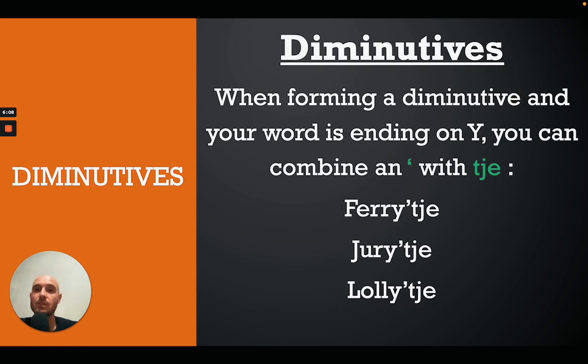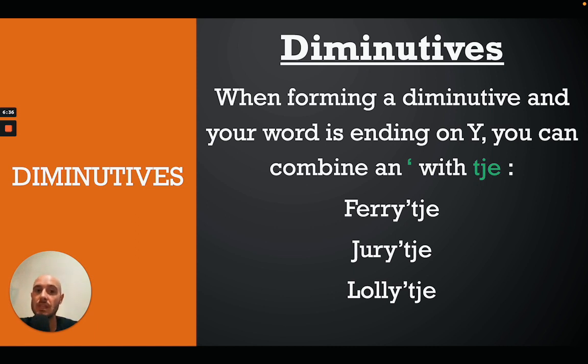Then we're going to take a look at the last rule, on how and when to use the apostrophe with diminutives. What is a diminutive? It's basically when we try to make a word smaller than it is. For instance, huis would be a house, huisje would be a small or little house. A diminutive in Dutch, most of the time we add je, tje, pje, and so on.